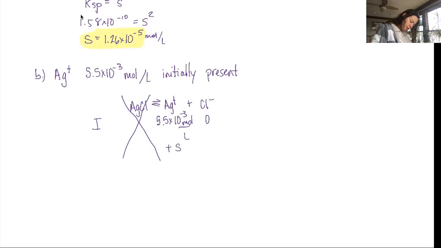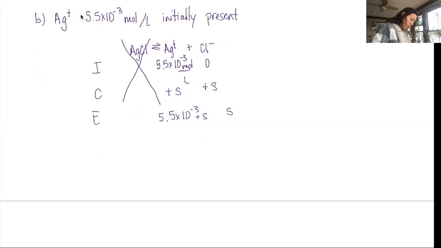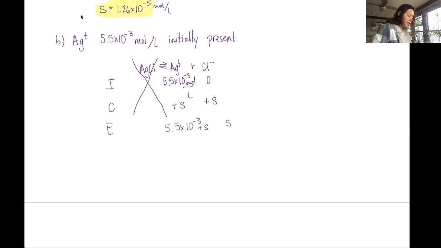So we will gain S for silver, gain S for chloride, and at equilibrium, we will have 5.5 times 10 to the negative third plus S, and S. Now, when we do that, and you will do this, S will be so small that the term plus S will be negligible.